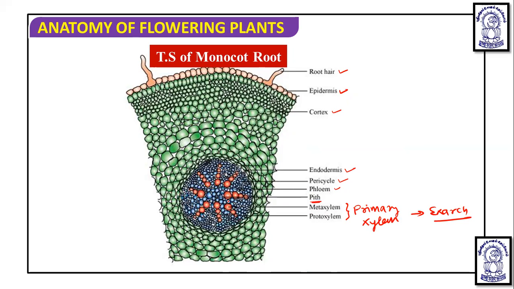There are 8 vascular bundles. And how many were maximum in the dicot root? 6 was the maximum possible. But here the number of vascular bundles is 8. So this is the difference which can help us differentiate monocot root from dicot root.